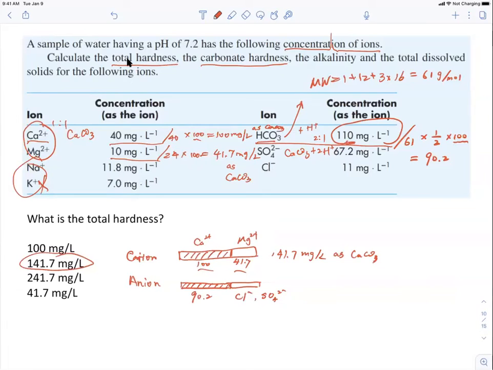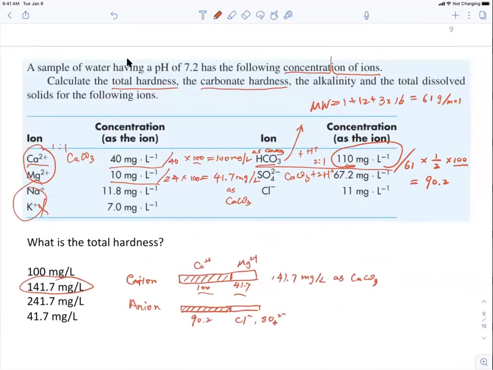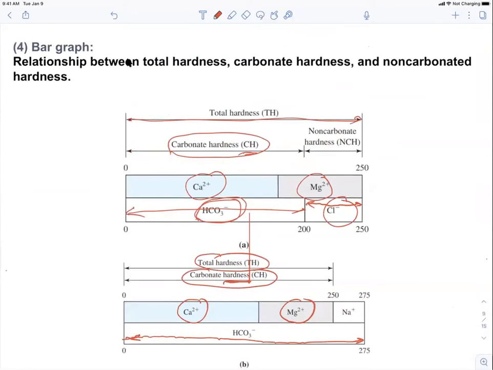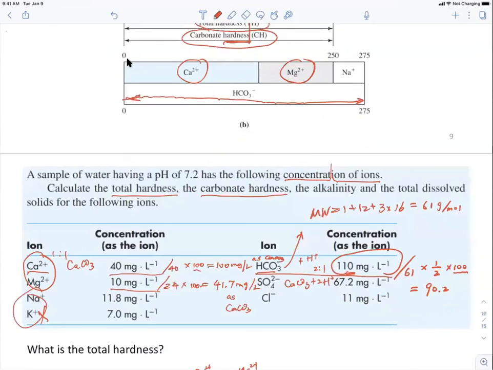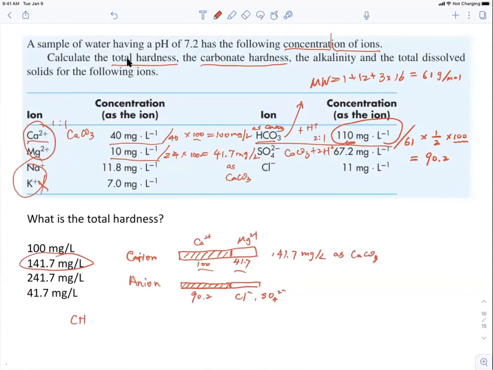So the carbonate hardness is decided by the bicarbonate ions, right? You remember here. So basically, you're just going to account for the bicarbonate concentration. So the carbonate hardness here is going to be 90.2 milligram per liter as calcium carbonate.